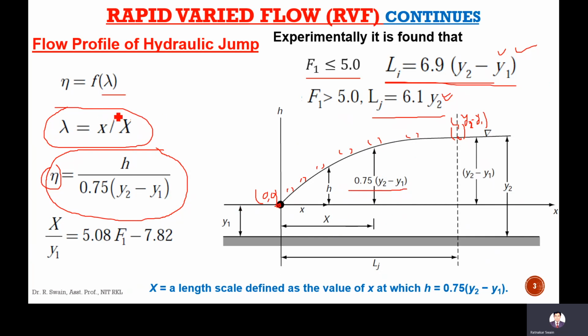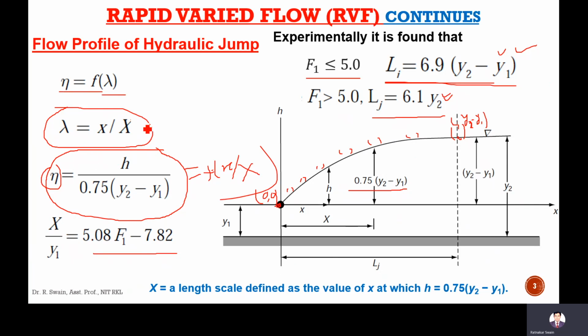So h by 0.75 times (y2 minus y1) is a function of small x by capital X. Capital X is calculated as X by y1 equals 5.08 F1 minus 7.82. F1 and y1 must be known before calculating this profile.